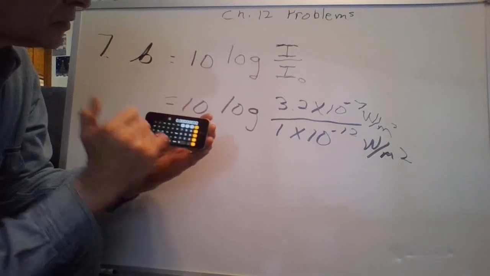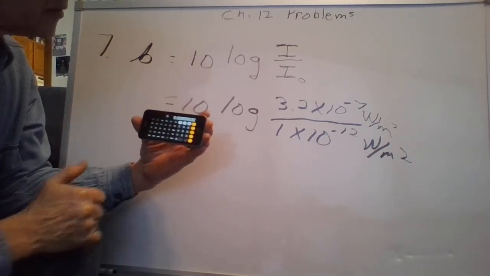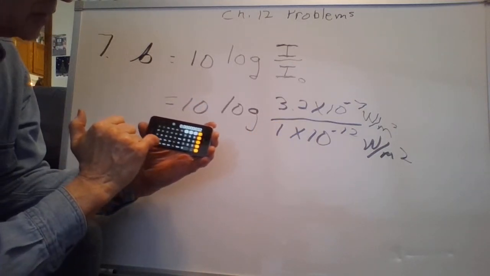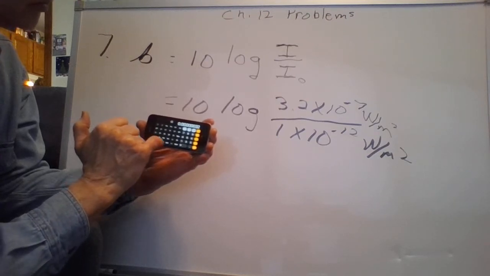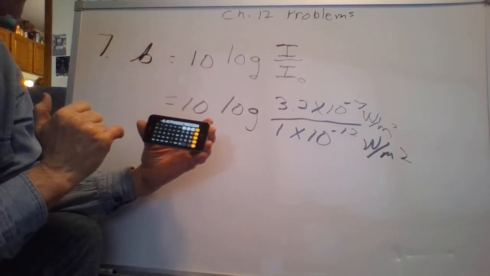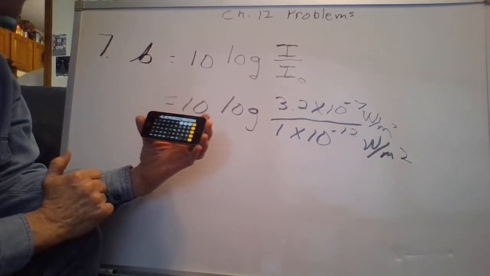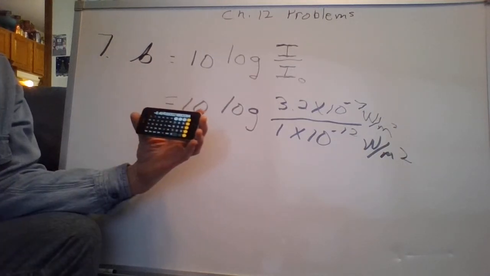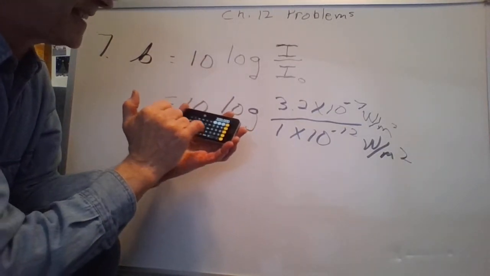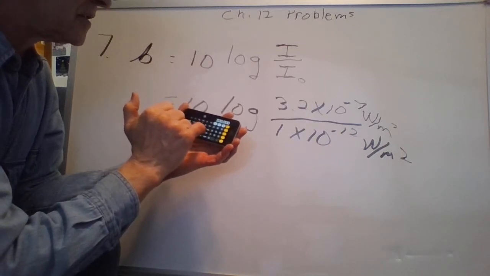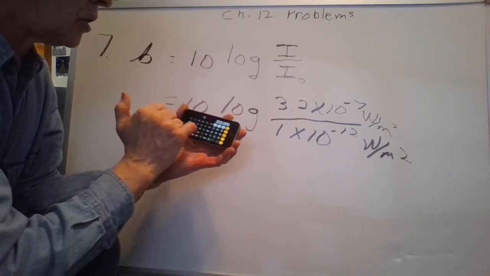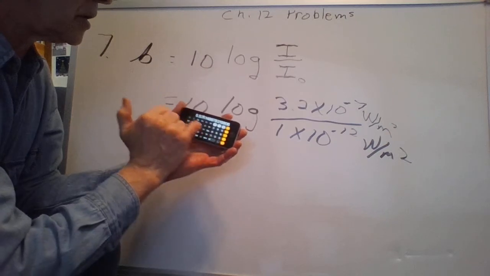And then what does that equal? Yeah, a very, very small number. Take the log of that ratio, log, 5.5.